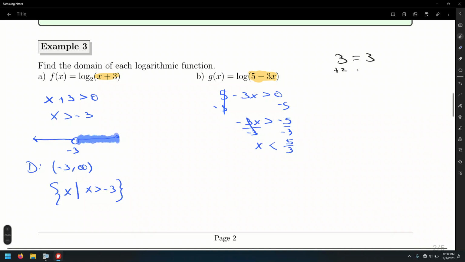For example, if I add 2 to both sides, that way, 5 equals 5. If I multiply by 2 on both sides, this is still a logical sentence, right?